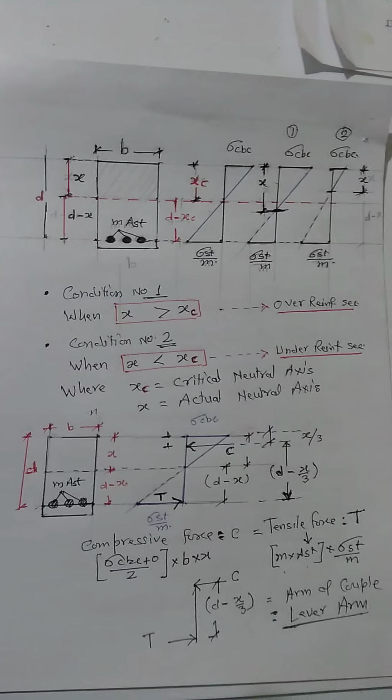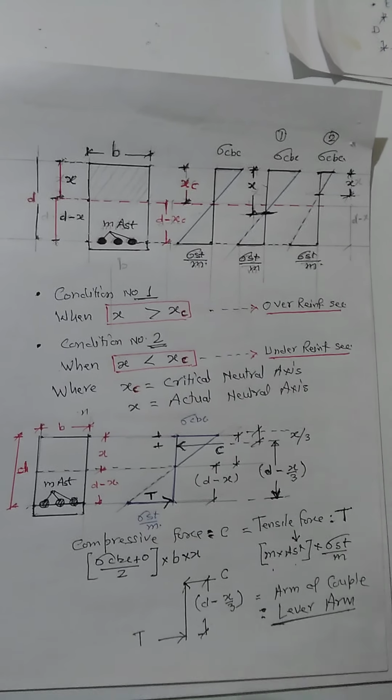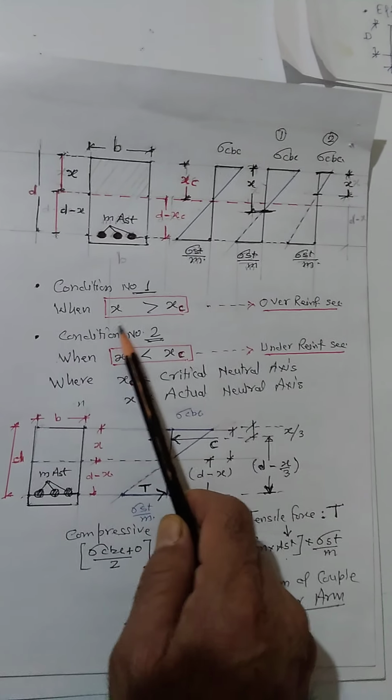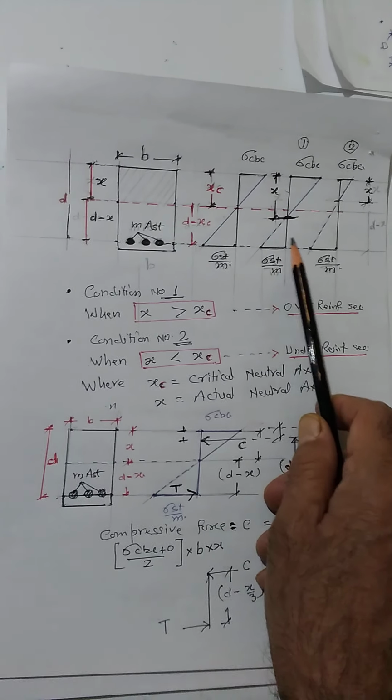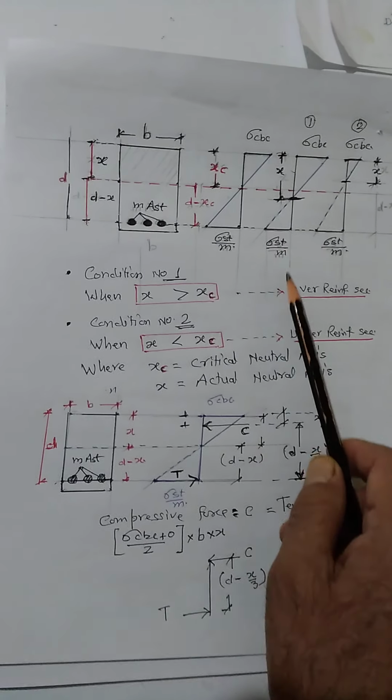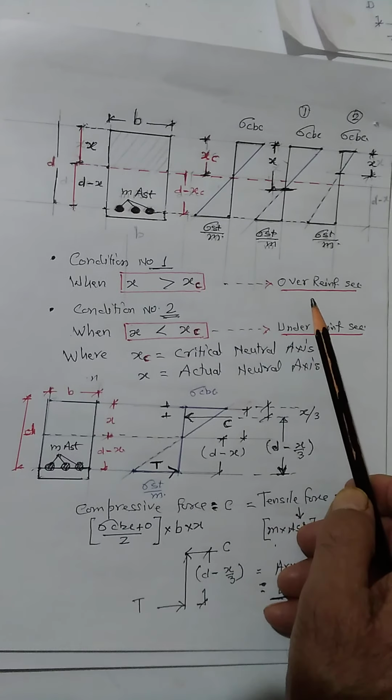Now we have two things in our mind. Number one, when x is greater than xc, that is the case I am talking about here, we are providing more steel, so we call this an over reinforced section.